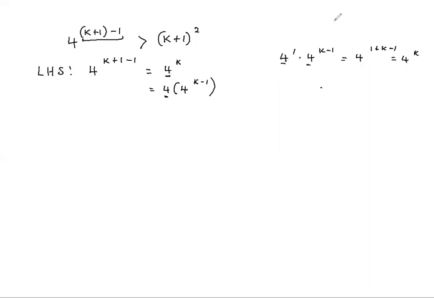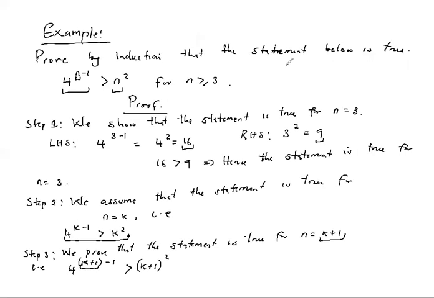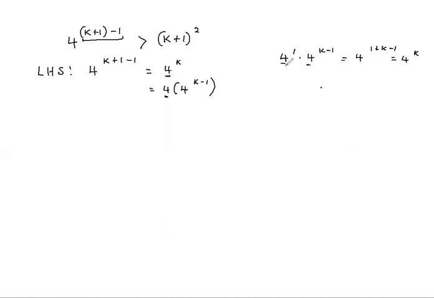Repeat from step 3. Okay, that's where we are. We've just written the statement. You prove that the statement is true for n is equal to k plus 1. And then I'll pick the left-hand side, 4^(k+1-1), which is just 4^k. We want to use step 2, but step 2 has 4^(k-1).